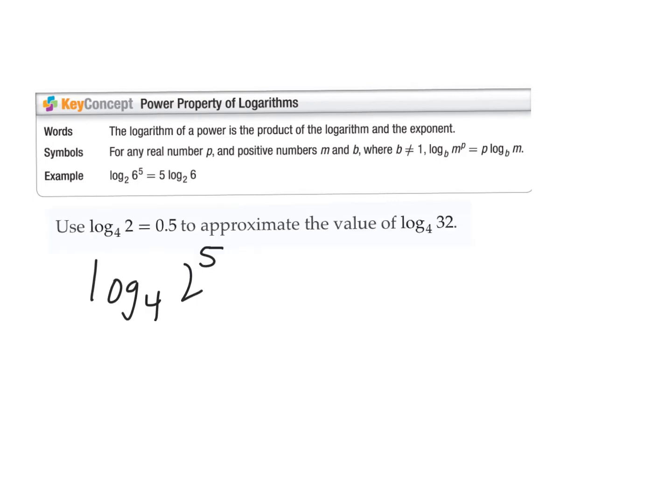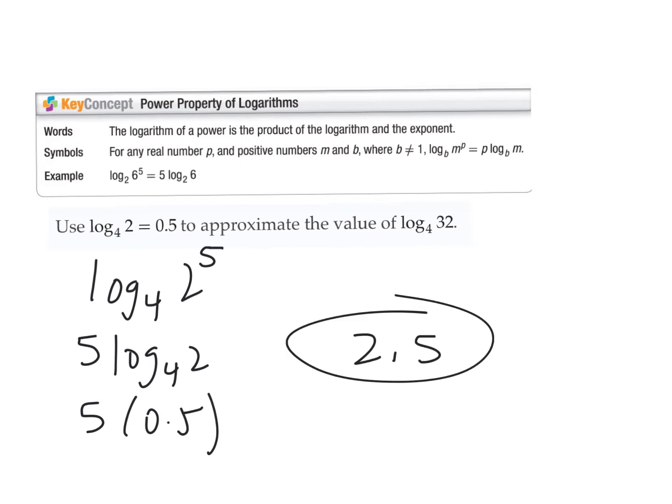So this is where you should have started. Log base 4 of 2 to the 5th. So what happens to the 5? Goes to the front. What is log base 4 of 2? 0.5. So then I just substitute. 5 times 0.5 is 2.5. So 4 to the 2.5 equals 32.